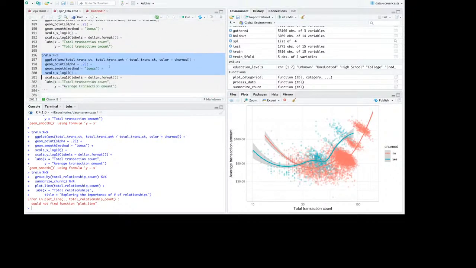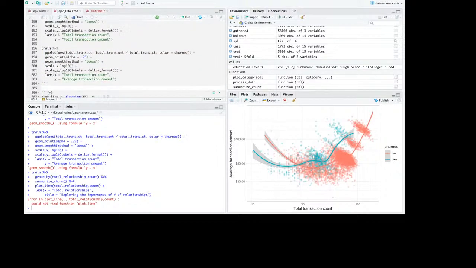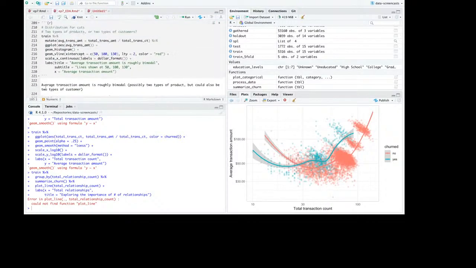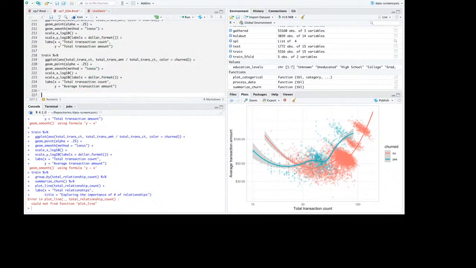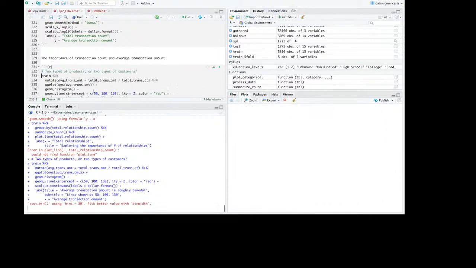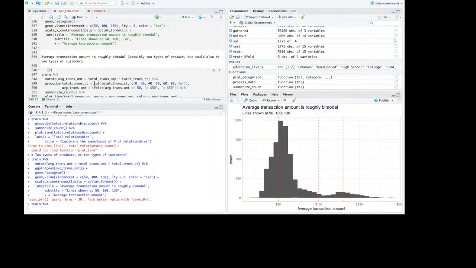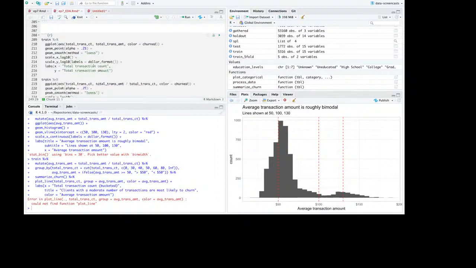All right, total transaction amount. I don't like this one, but I'll keep it. Average. All right, return. We saw that average transaction amount is bimodal.